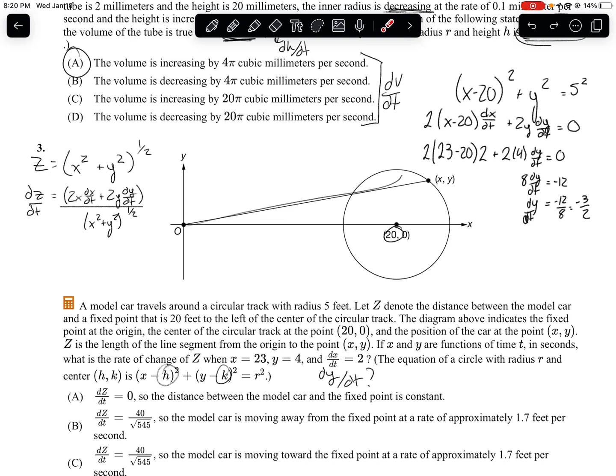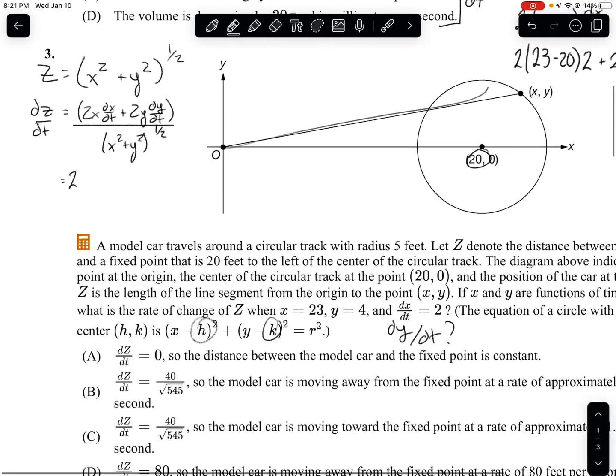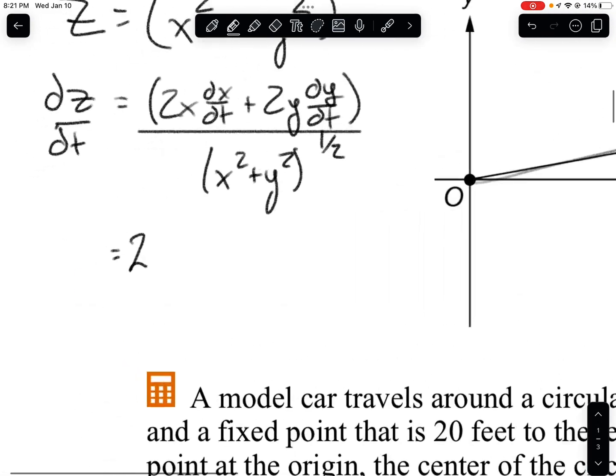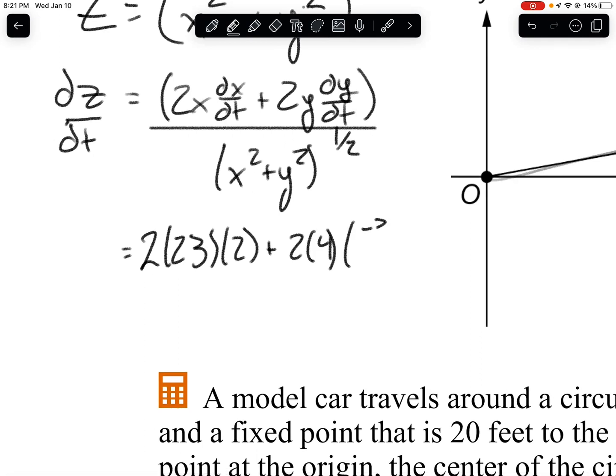So now I can just go ahead and plug in all of these wonderful values. 2, forgot what x is. 2 times 23 times 2 plus 2 times 4. dy/dt was negative 3 over 2, over the square root of 23 squared plus 4 squared.